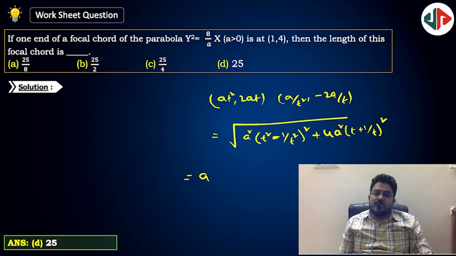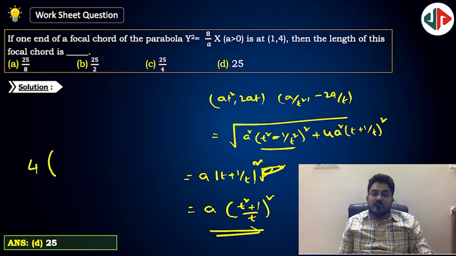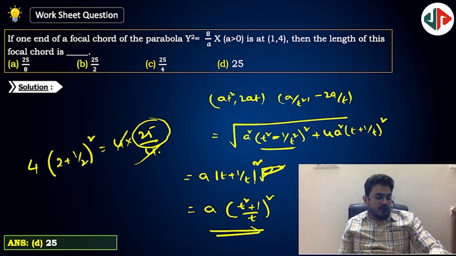So a is outside, modulus of t plus 1 by t is outside. So it will be root over t minus 1 by t whole square. So you are going to get this one, a times of t plus 1 by t whole square. So here a is 4, t is equal to 1 by 2, so 2 plus 1 by 2 whole square is equal to 4 times of 25 by 4. Answer is equal to 25.